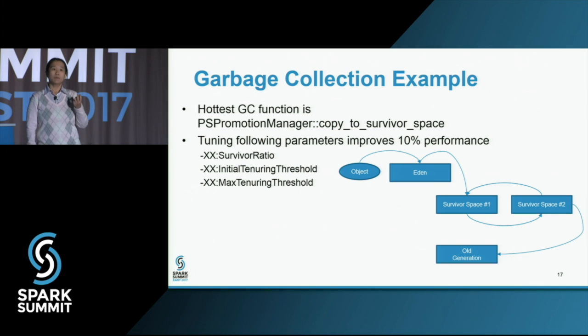We found that the majority of our objects are pretty long-living. So eventually, the majority of them are moved to the old generation. Then we thought, in order to avoid these copy to survivor space function calls, maybe we just make tenuring faster. We don't need to go back and forth since they will end up there no matter what.